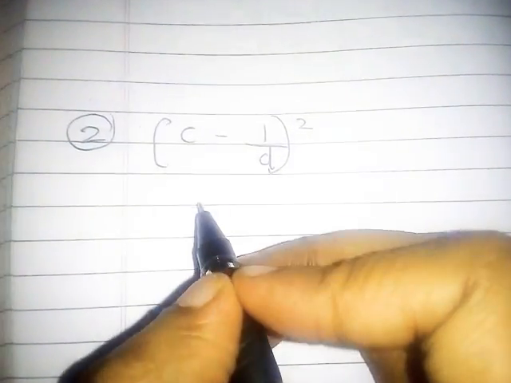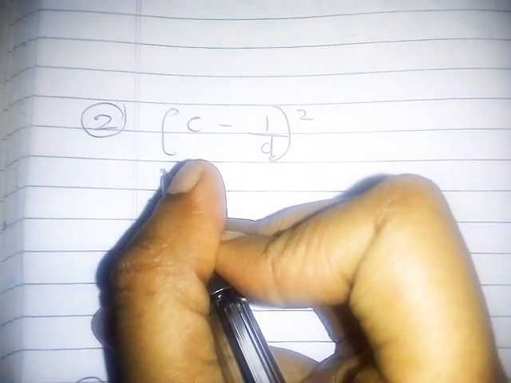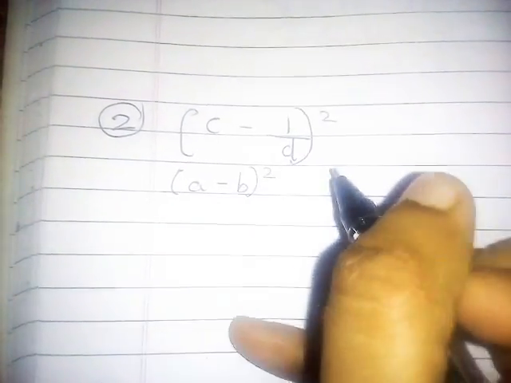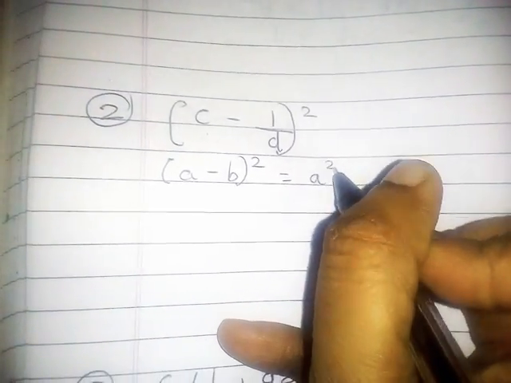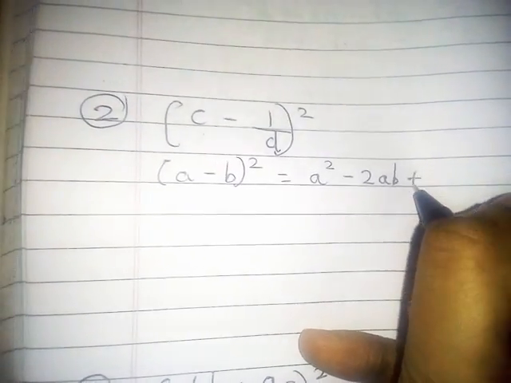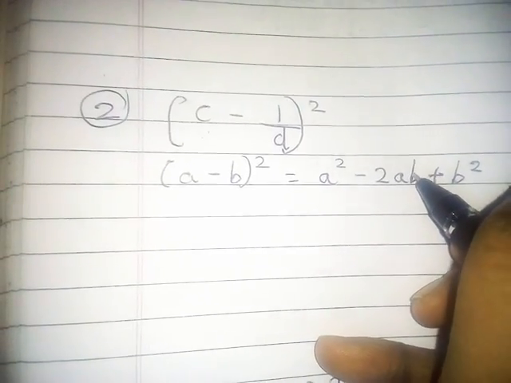Now I will do the second one. (c − 1/d) the whole square. Again you have to use the formula (a − b)² = a² − 2ab + b². Okay, this is b.